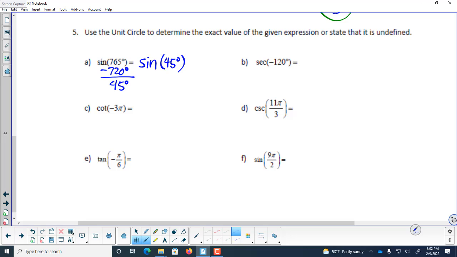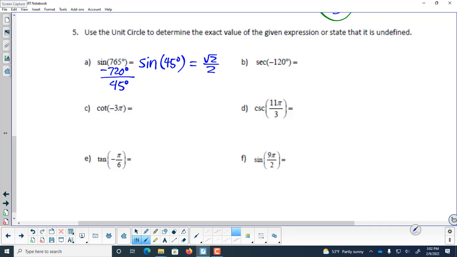So I know it's going to have the same value. So what's the y-coordinate of the point at 45 degrees? Root 2 over 2. So if you did check in your calculator sine of 765 and sine of 45, they should be equal, right?